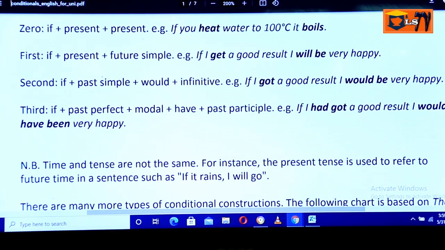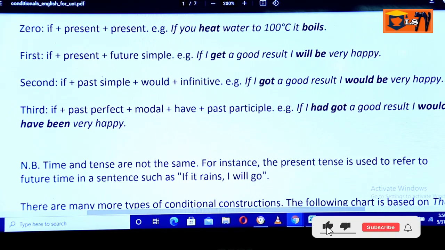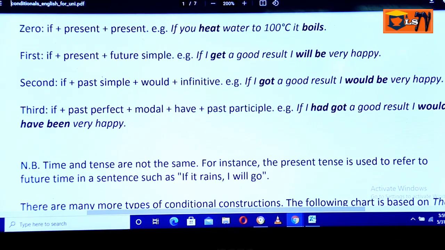As I told you before, in the zero conditional, I said that it is reality. It is 100% true. But here in the first conditional, it is 50% true. The reality is true 50%.